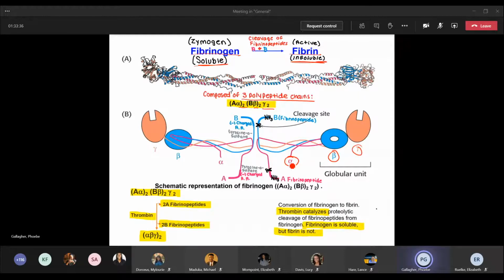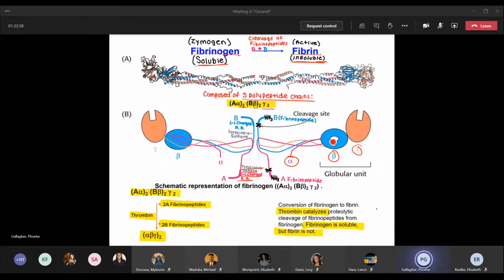So the amino terminus of the alpha chain is going to have these tyrosine sulfate amino acids. That's just like a tyrosine that's been modified. And then you've got your negatively charged amino acids that make this up.